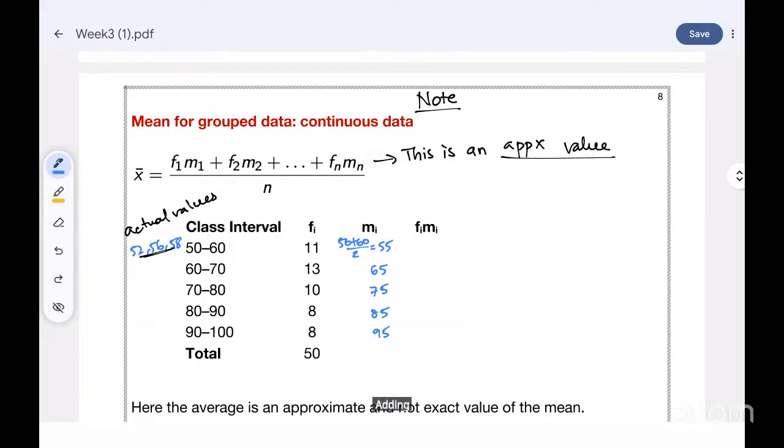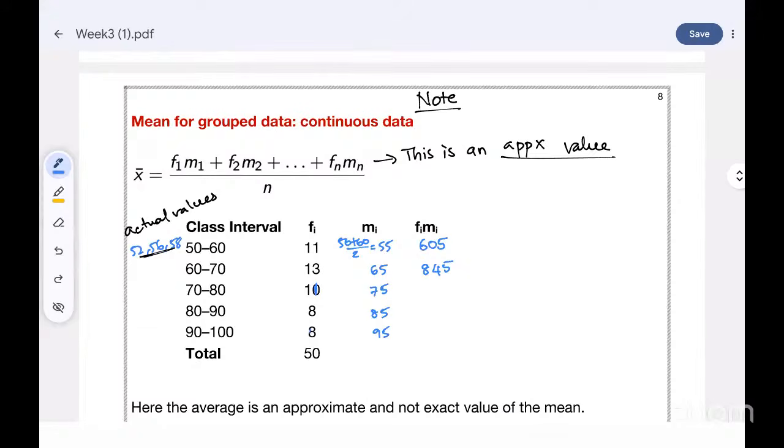Adding 10 both. Can you calculate fi into mi? Yes, ma'am. Yes, tell the values. 565. The first one. 605. 845. 150.